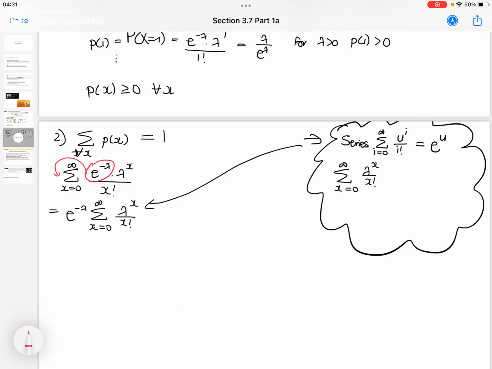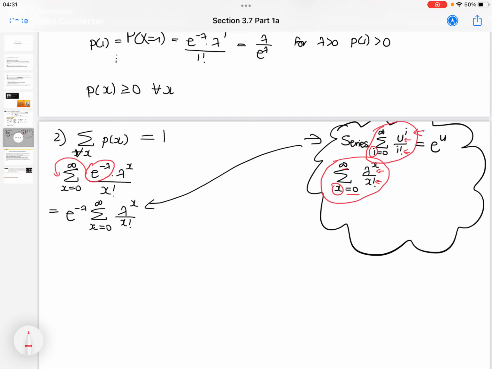Alright, so do we see similarities here? We have I there, we have x there. I goes from 0 to infinity, x goes from 0 to infinity. We have the summation of u to the power I, there we have lambda to the power x. And then here we have divided by I factorial, there we have divided by x factorial. So we see that this summation is similar to that summation there, right?